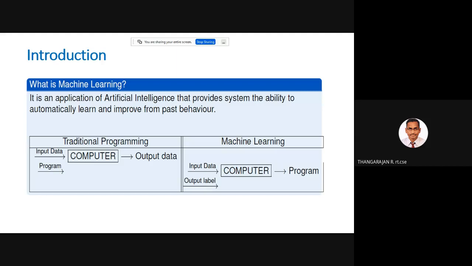Why? Because AI has been there for a long time. The research interest in AI is about weak AI and strong AI.